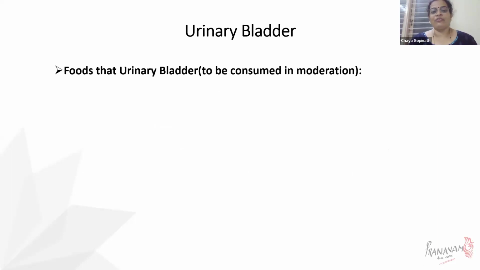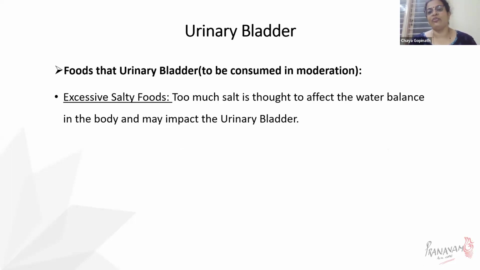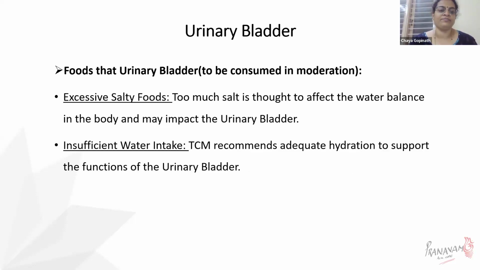Coming to urinary bladder, foods to be avoided. Again, excess salt foods will create a lot of stress and load on your kidney and urinary bladder, so try to avoid them. If you're having any urinary bladder related issues or issues in the urinary bladder meridian, stop eating excess spicy foods and excess salty foods.